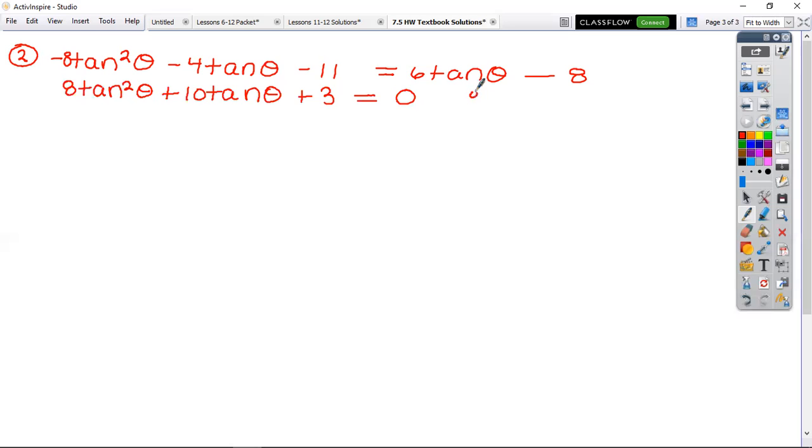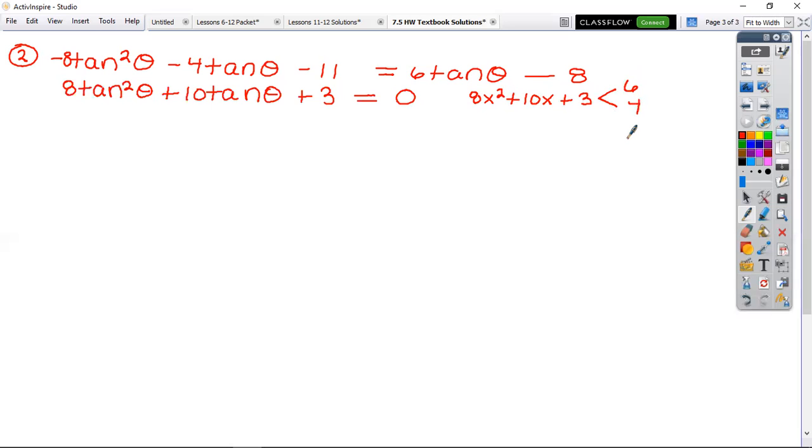Yes. This is nothing more than 8x squared plus 10x plus 3. Meaning we need to multiply to 24 and add to be 10. So what's going to work here? AC method, yep, using what numbers? 6 and 4, perfect.